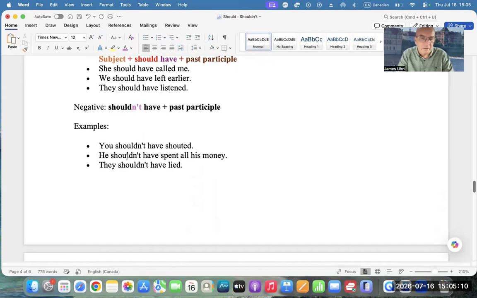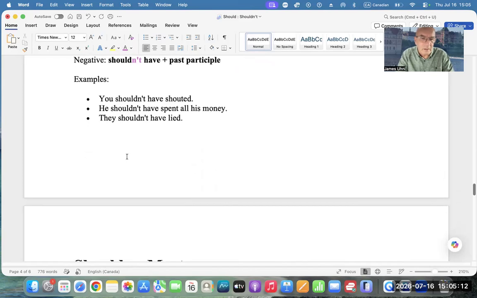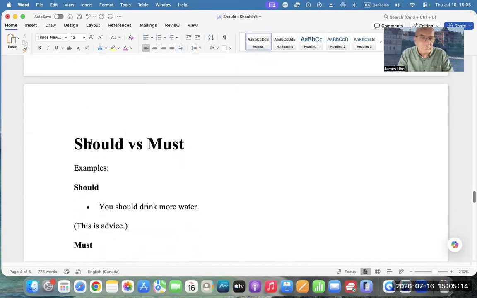And here are samples. So should versus must.